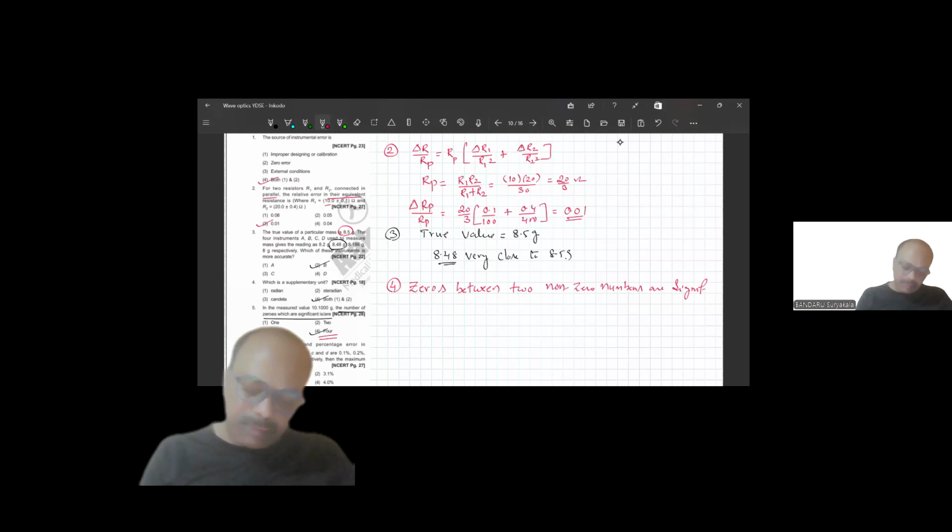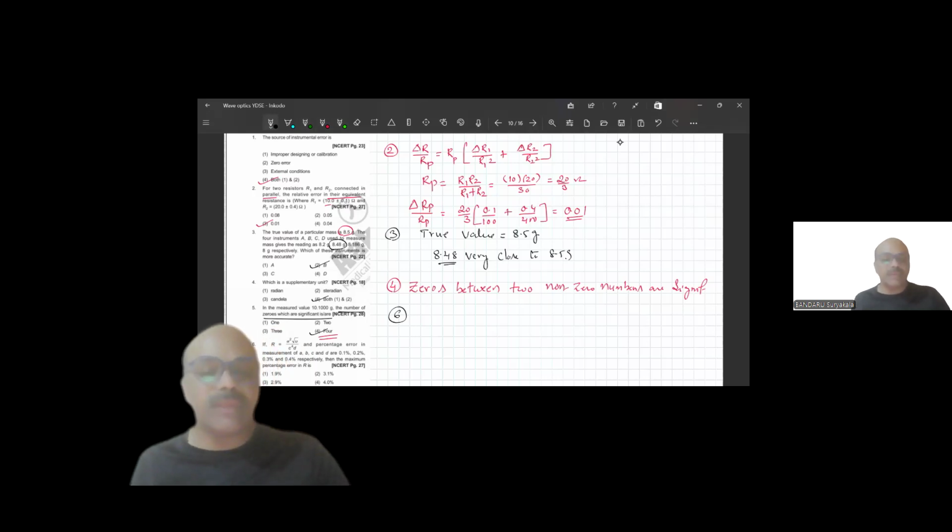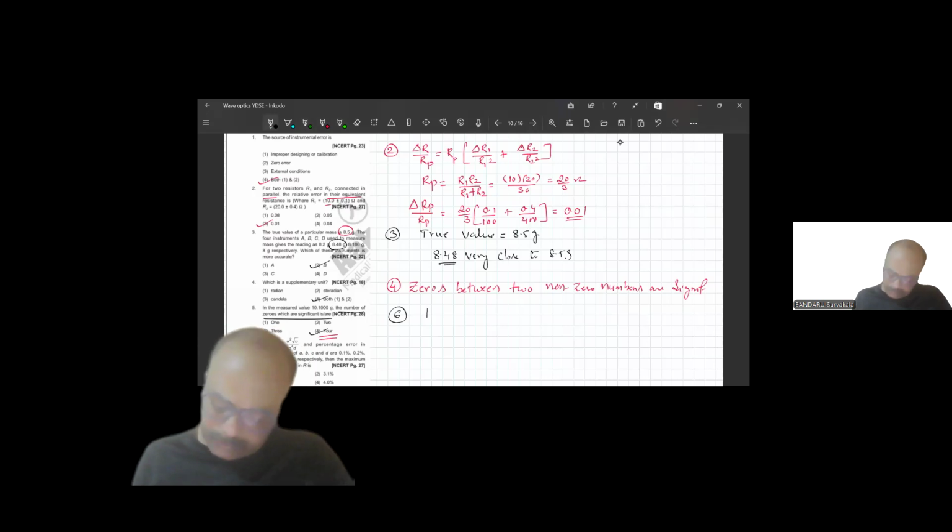Next, see problem number 6. What they given here: R equals a square root b by c power 4 into d.